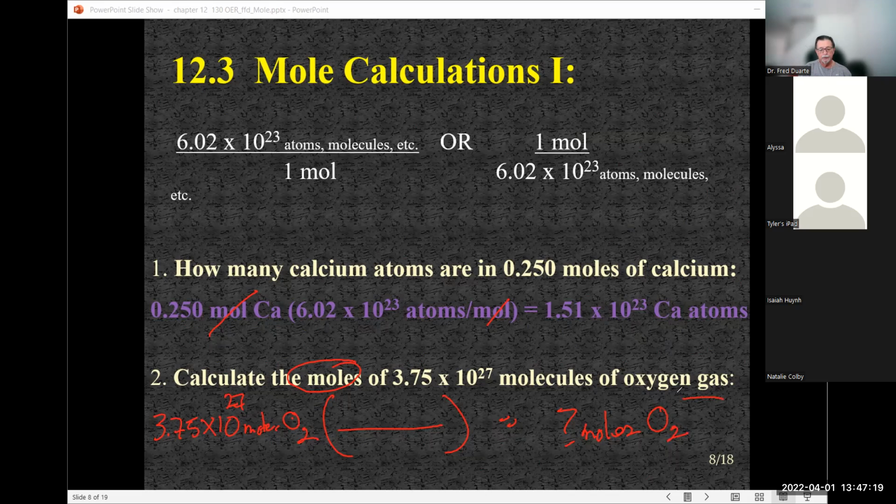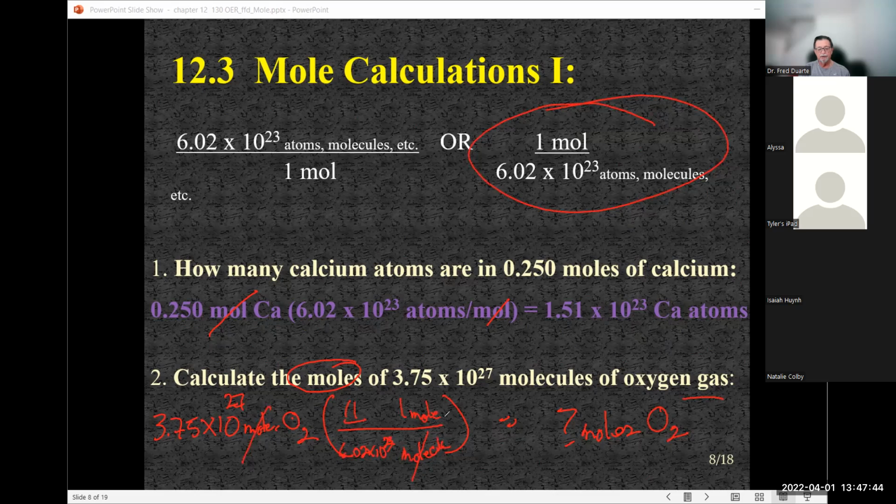So what do we need to do? We need to put molecules in the denominator and moles in the numerator. Moles in the numerator, guess what? We're using that one. 1 mole on top, 6.02 times 10 to the 23rd molecules.